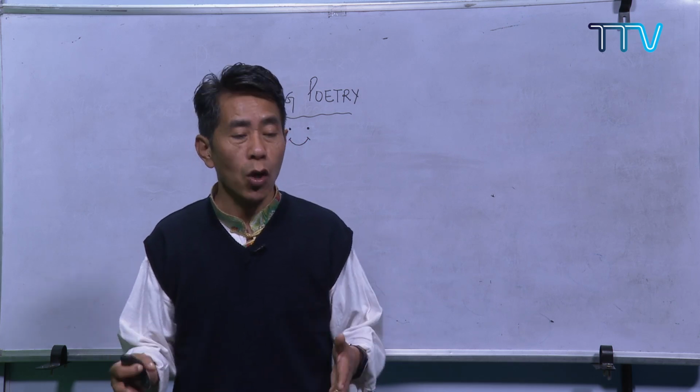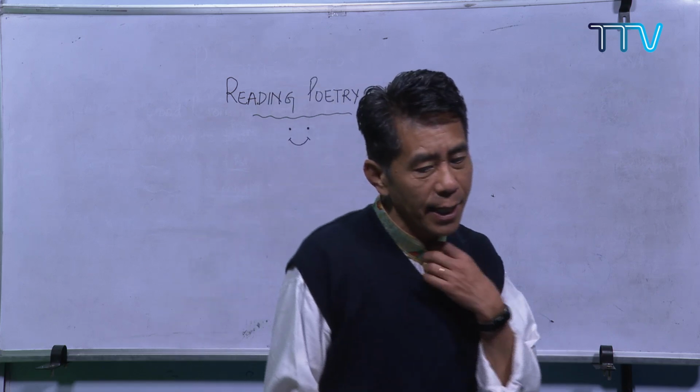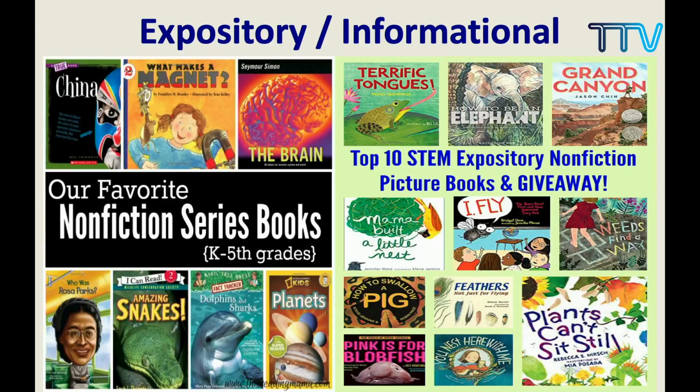So let us look at the slides. You see expository, or in other terms we can also say informational. If you look at this, all these are non-fiction. These are not stories. These are not books which are made up of cock and bull stories.